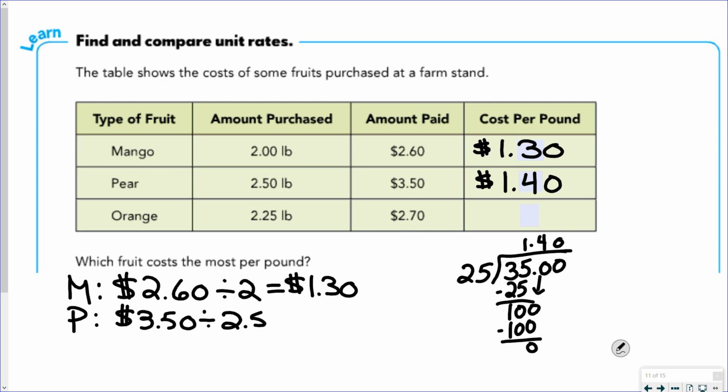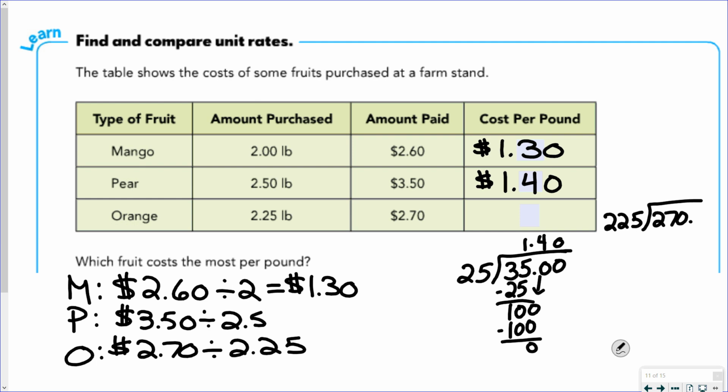And then we look at the oranges. And for the oranges, we're paying $2.70. And we're buying 2.25 pounds of oranges. So once again, we're going to need to do some work off to the side. I went ahead and moved my decimal points. 225 goes into 270 once.